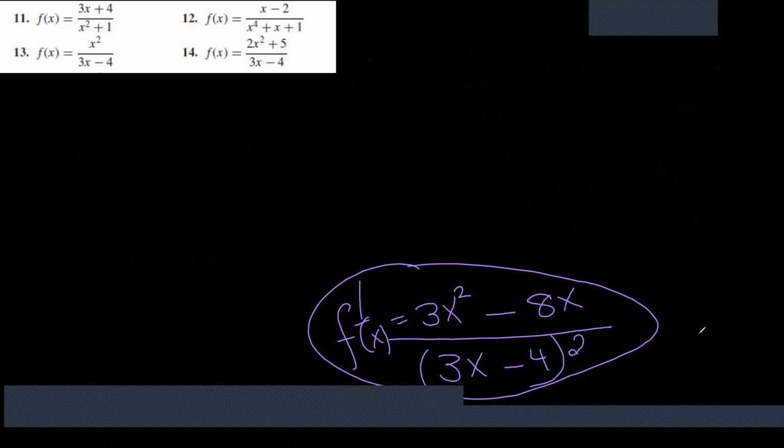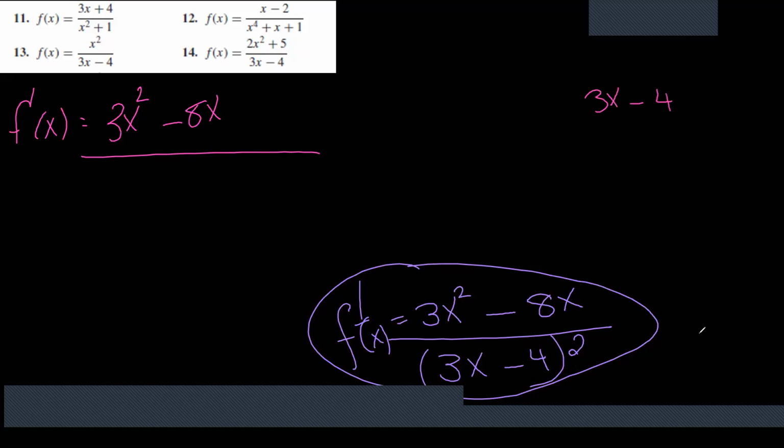Okay, let's now continue. If we have f prime of x, it was 3x squared minus 8x over. Let's now multiply 3x minus 4 times 3x minus 4. 3x times 3x is 9x squared, and 3x times negative 4 is negative 12x.